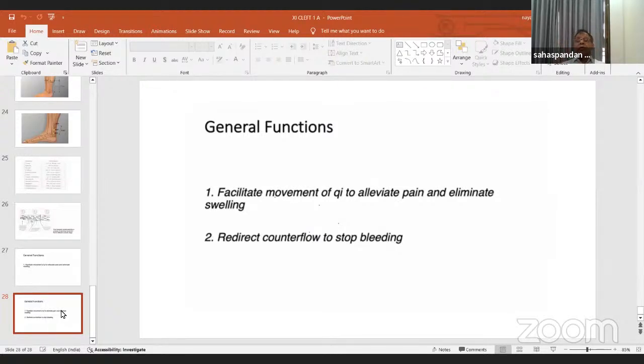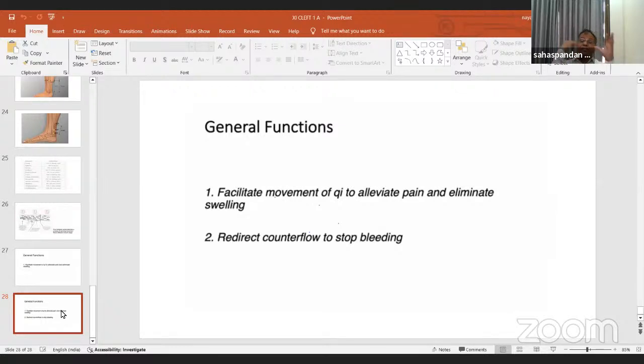So number one, Xi-Cleft points facilitate the movement of chi to ease pain and eliminate swelling. This is the most common use of Xi-Cleft points and is referred to as unblocking channel circulation in cases where a lack of free and open circulation has caused pain.